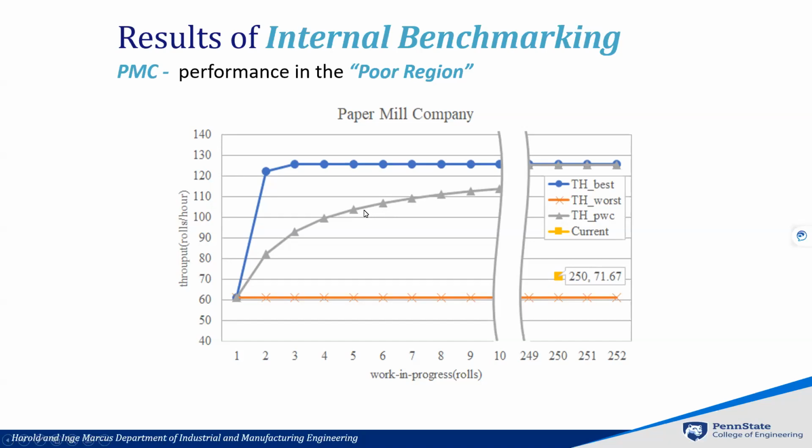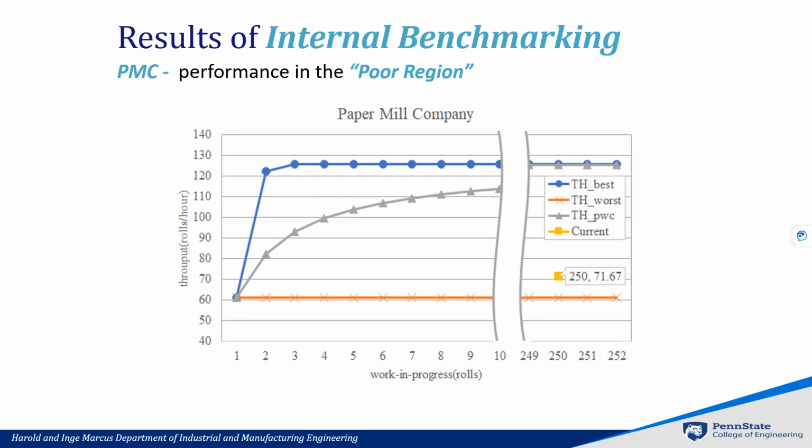An easy way to think about this is if the throughput is above the gray line, the system can be considered relatively lean. If the performance is below this gray curve, then you can consider the system to be relatively fat, so there's opportunity to improve.